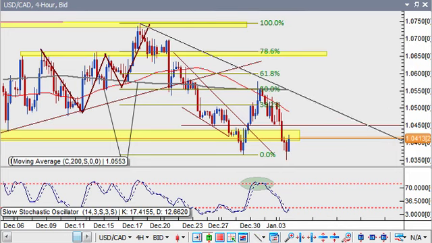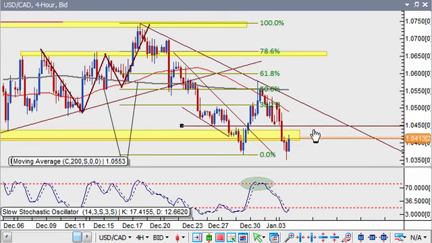Another way you can confirm that is if this trend line breaks. A break of this trend line will give you further confirmation for the retest of this resistance zone.